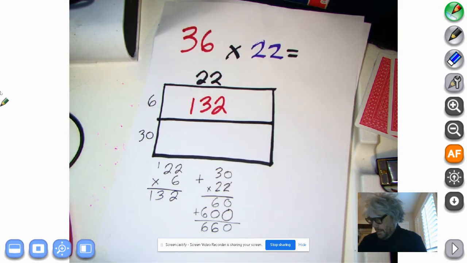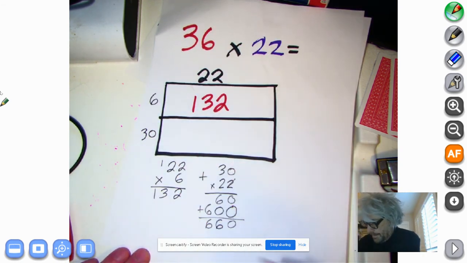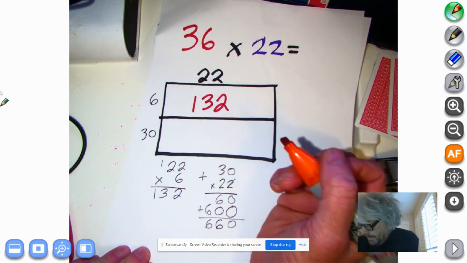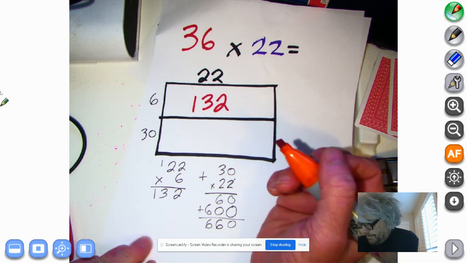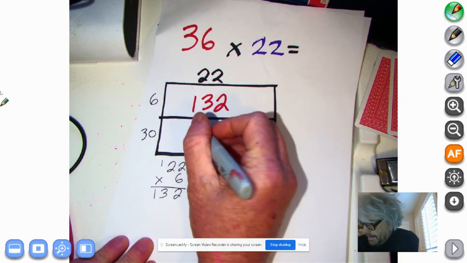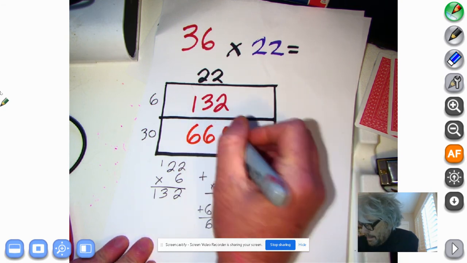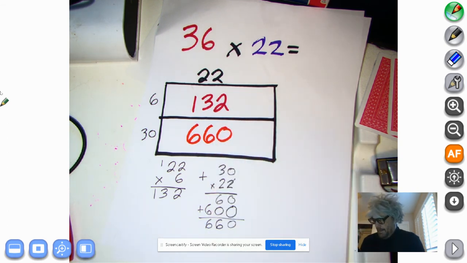Oh, I forgot one thing. We forgot over here to put the 660, and we did 30 times 22. 660. Now, here we go.